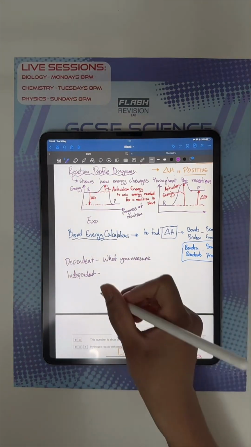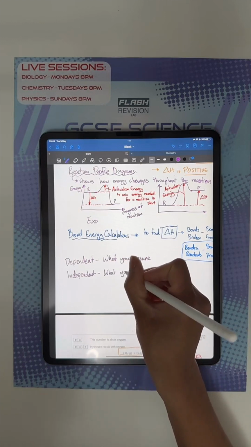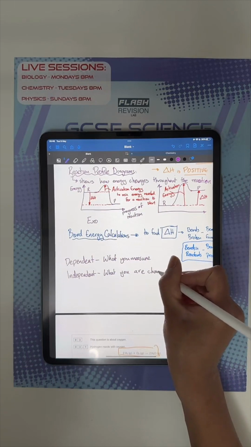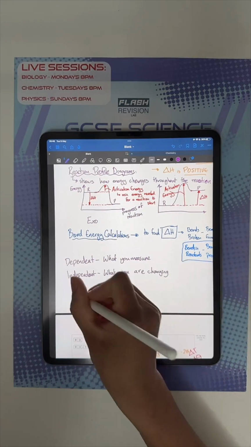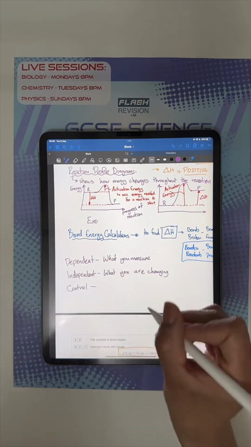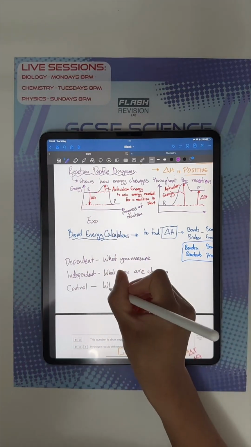Independent, yeah, is what you're changing. And you can also have control variables. What's a control variable? Where you're keeping the same, yeah.